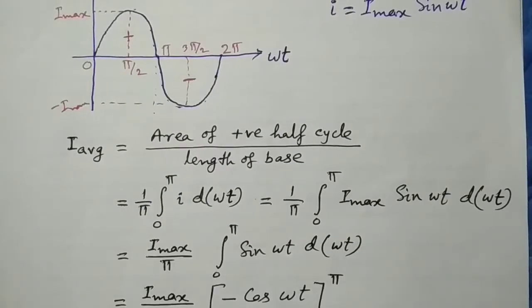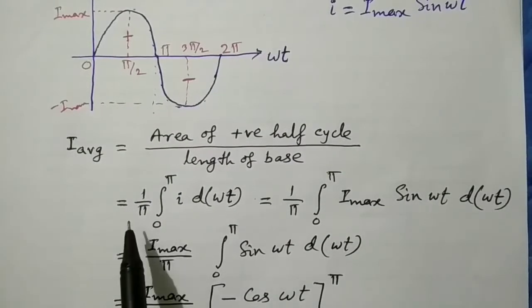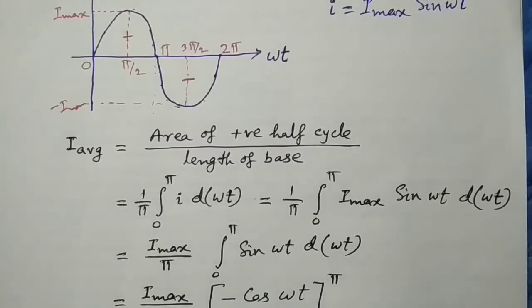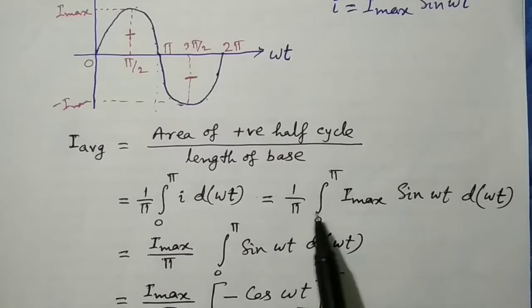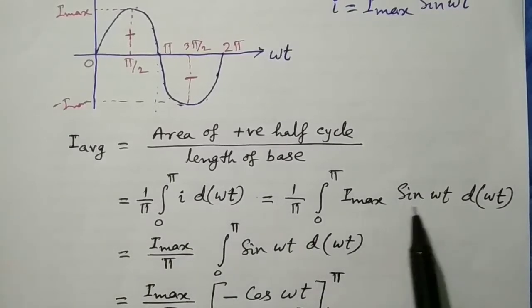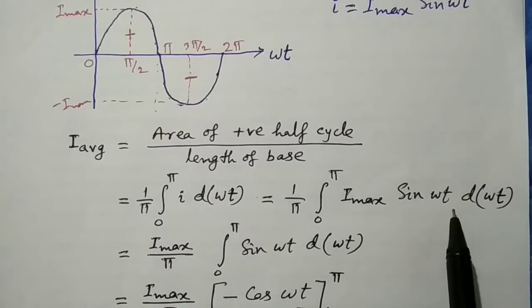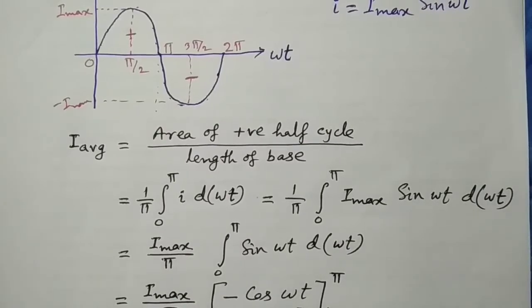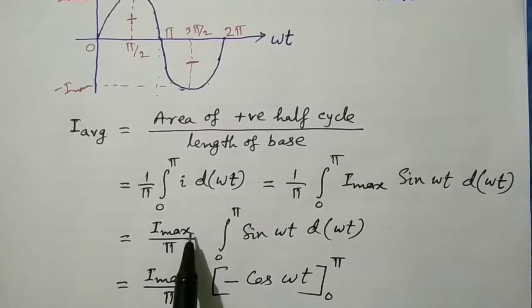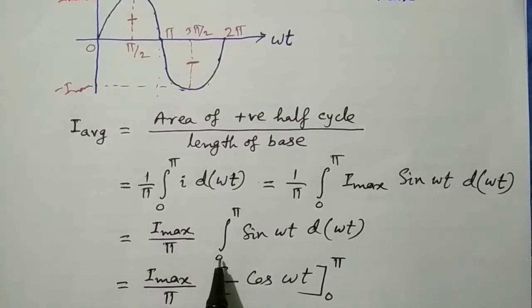And now we divide this value by its base length, that is pi. In the next step, I put the value of instantaneous current I, that is I max sin omega t. Now here the value of I max is constant, so I have taken it out: I max upon pi, integration 0 to pi sin omega t d omega t.